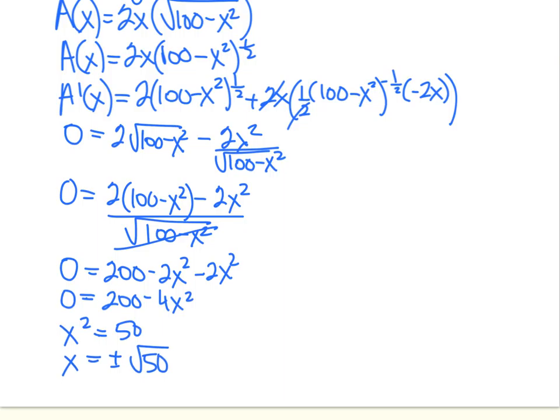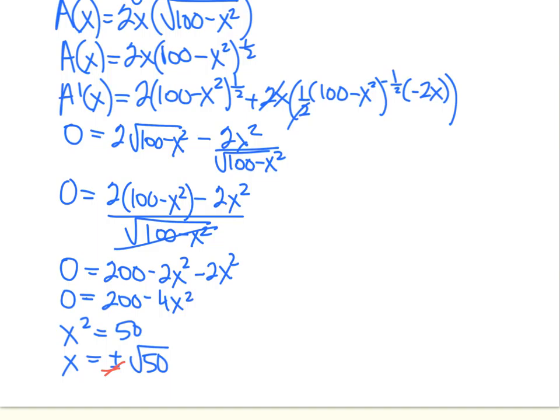Now let's think about this. Can x equal negative root 50? Probably not, because we're looking for length, and you can't really have a negative length. So that is gone, and we just have positive root 50 as our answer.